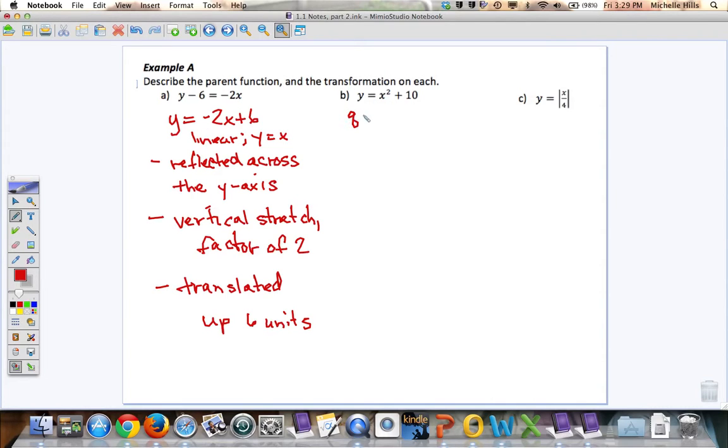Here, the parent function is quadratic, and the parent function of that is y equals x squared. The only thing here is this is translated up 10 units. Here, because x is being divided by 4, first of all, it's an absolute value.